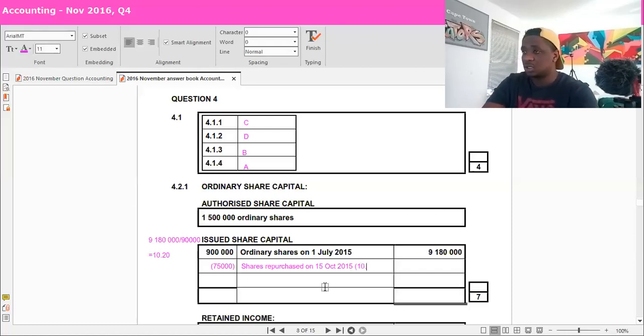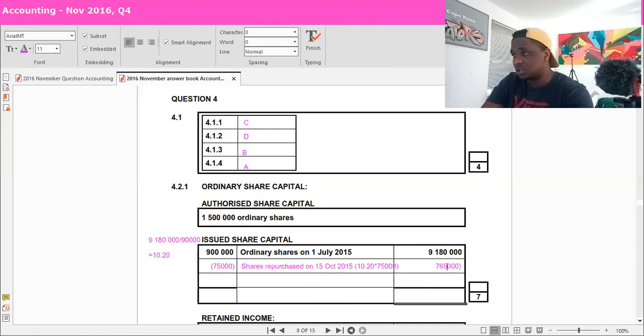And you'd say 10.20 multiplied by 75,000. Sorry for the overlap. And that would then give you an amount of 765,000.